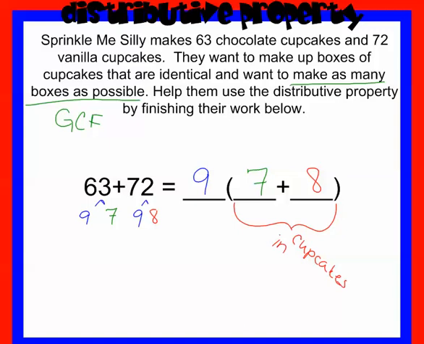In each box we have 7 chocolate cupcakes, we have 8 vanilla cupcakes, and this number on the outside is telling us how many boxes we have made. How many identical boxes we can put together with 63 chocolate and 72 vanilla cupcakes.